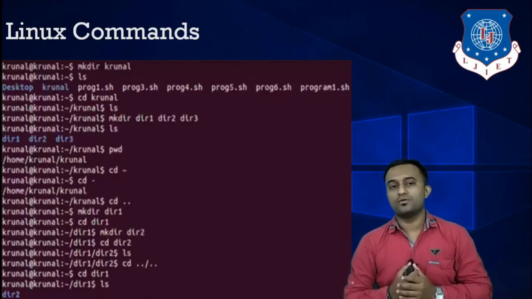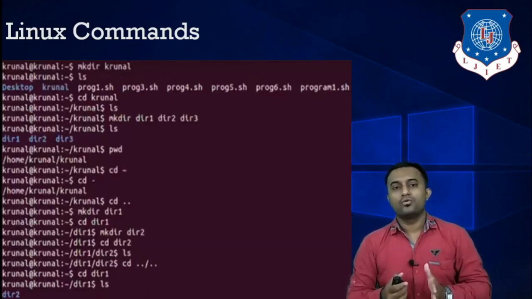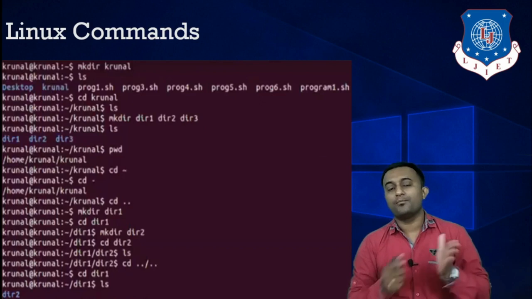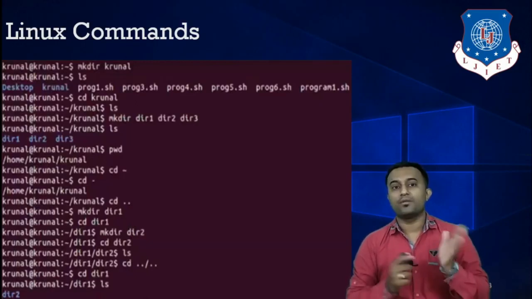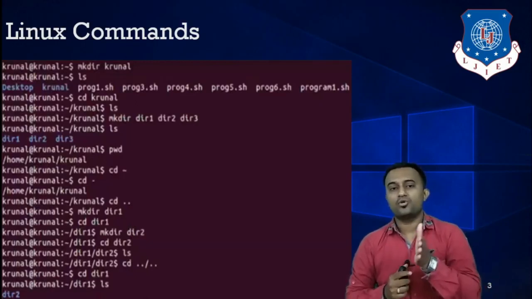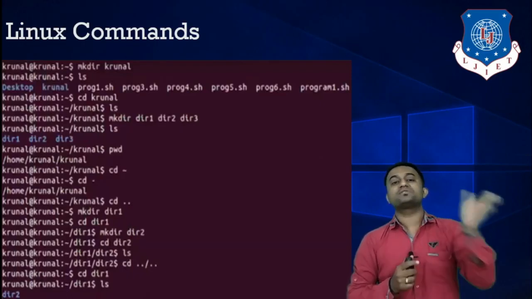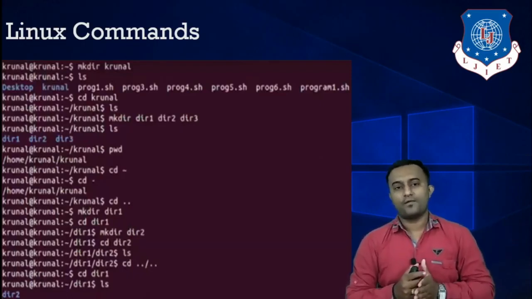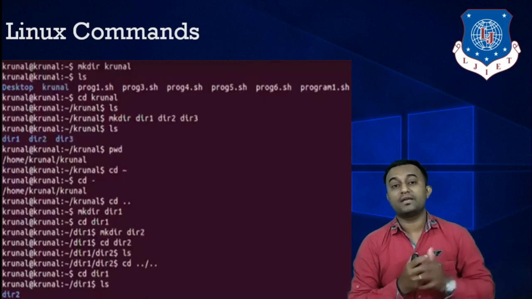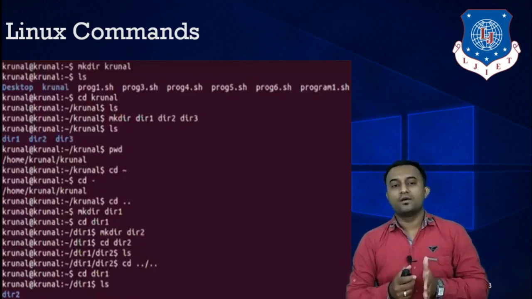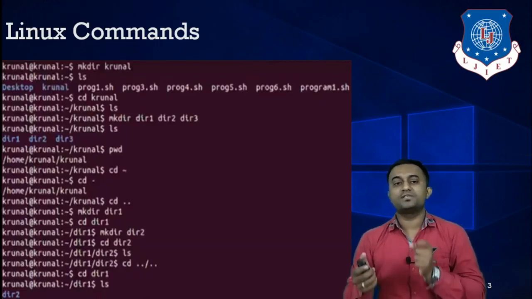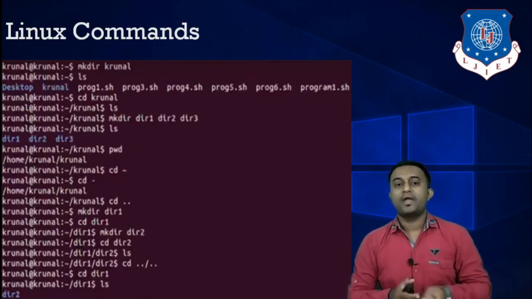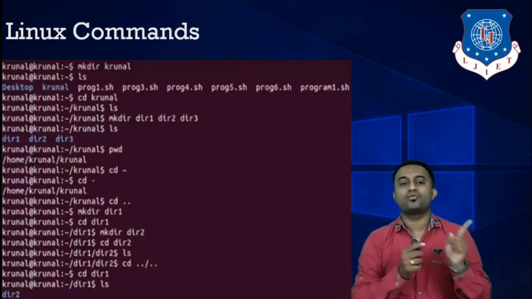If I want to go one level up, in that case I need to use cd space dot dot. But if I want to go 2 levels up, it means not only the previous directory but the previous to previous directory. If I want to reach that directory directly, first of all I need to go to directory number 2, which is created in directory number 1, and directory number 1 is located in the Kunal directory.